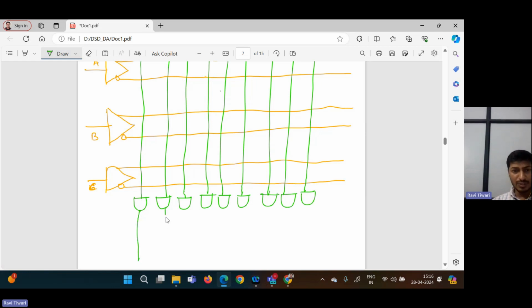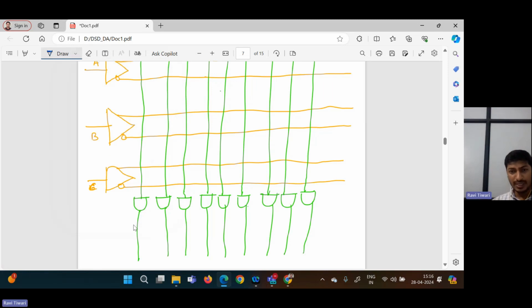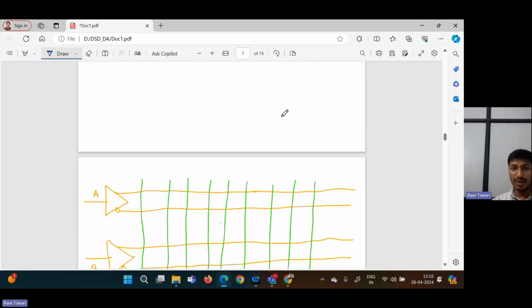And as we were doing in PLA, here also you have to extend the line and make the cross line for the OR gate. So here I am drawing the cross line to draw the OR gate. So this is one line, and that will be connected to the OR gate. Here I can say this is X. We were having the 3 OR gates here, right?